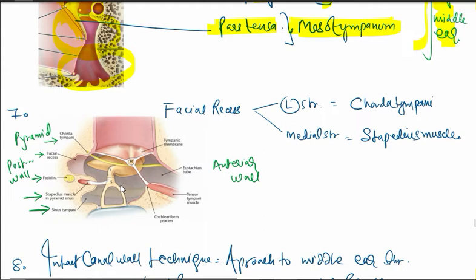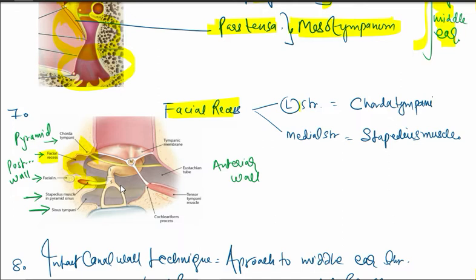Next, something about the facial recess. Where is it placed? We see this is the facial recess, this depression, cavity-like. We have a lateral structure and a somewhat medial structure.